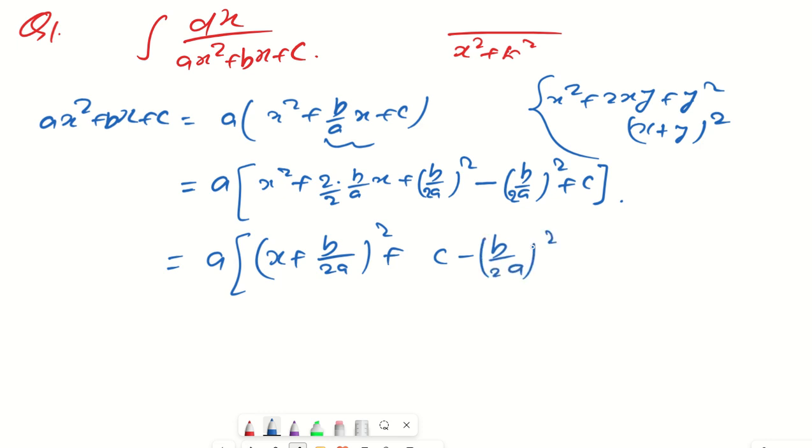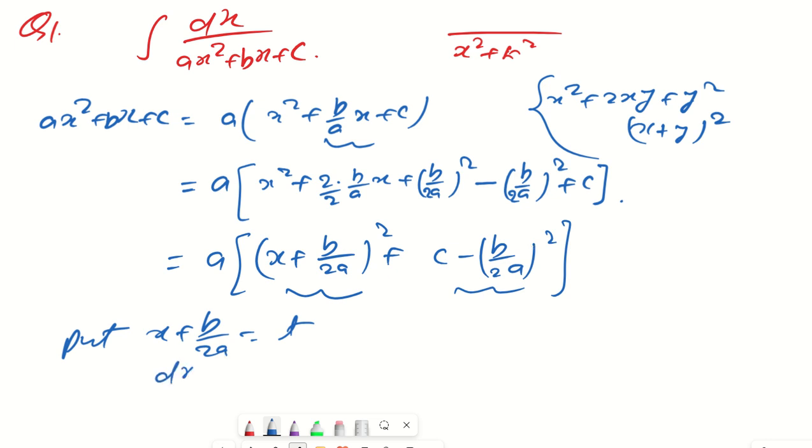So this is another constant, right? Now this can be written as, let's say, some square minus some k square. So this is how we are going to convert it: we put x plus b by 2a equal to, let us say, t, and this is how we get dx equal to dt.